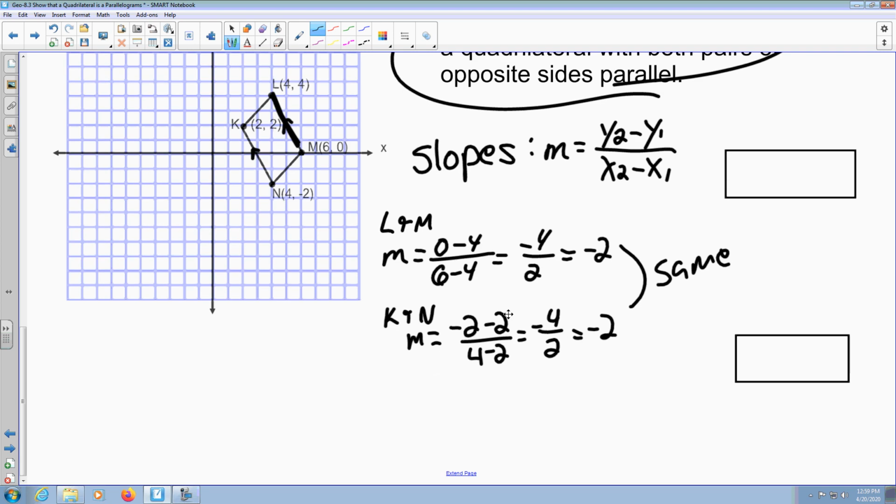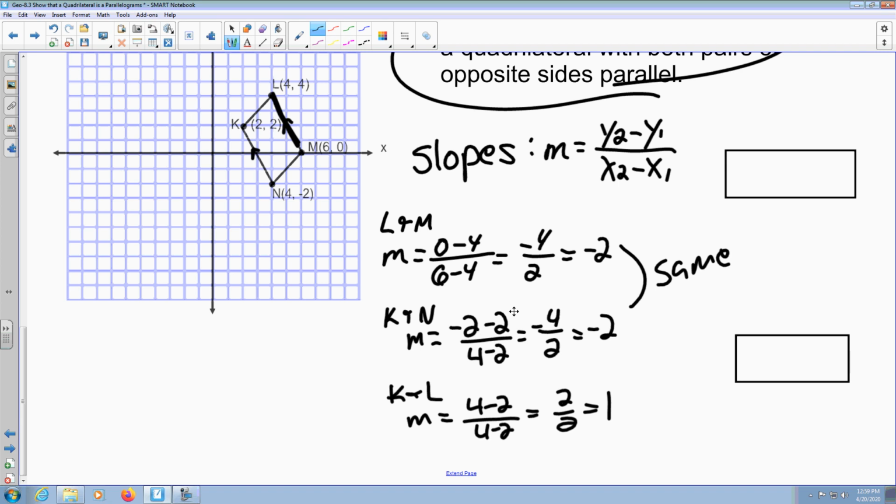Now we have to check the other two sides. So let's look at K and L. That slope is going to be 4 minus 2 divided by 4 minus 2, which equals 2 over 2, which gives me 1.